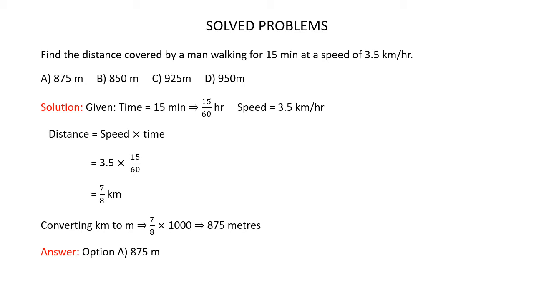Now when we look at the options given, we'll see that all the options are in meters. So let's convert 7 by 8 kilometers to meters. We know that 1 kilometer is equal to 1000 meters. So 7 by 8 kilometers is equal to 7 by 8 multiplied by 1000, which is 875 meters. So the correct answer is option A, 875 meters.